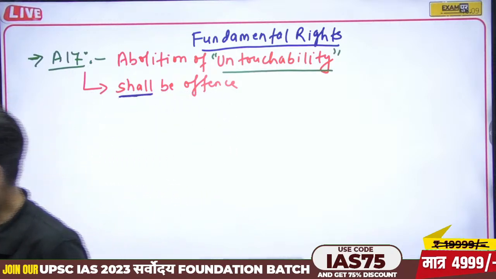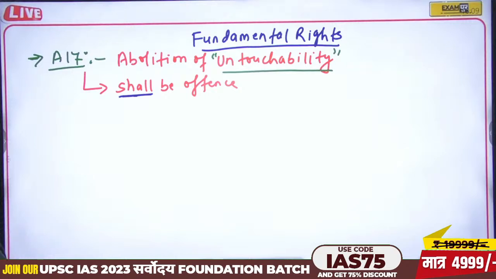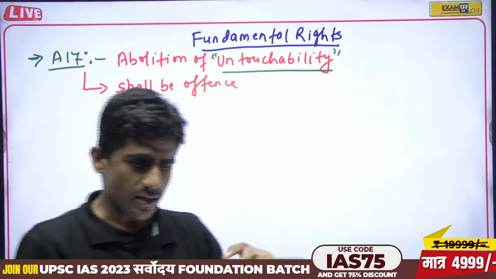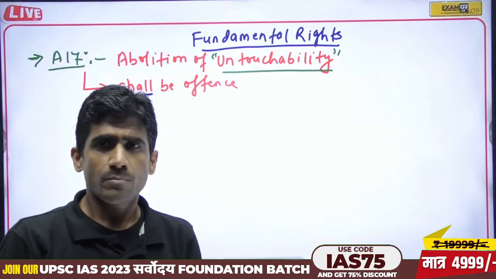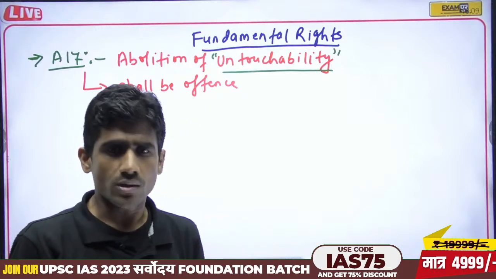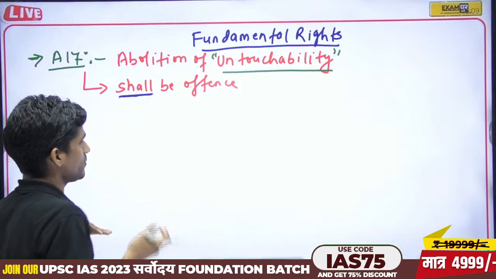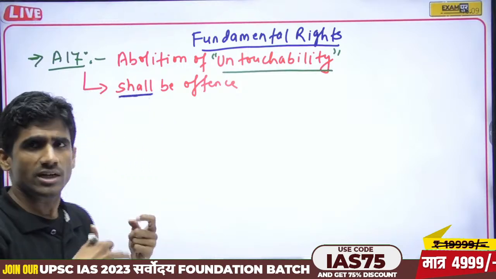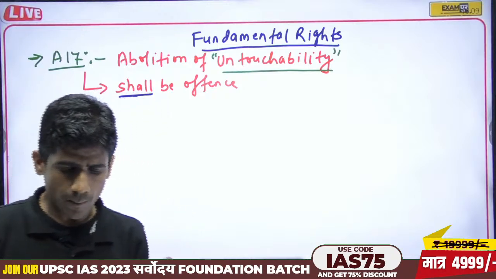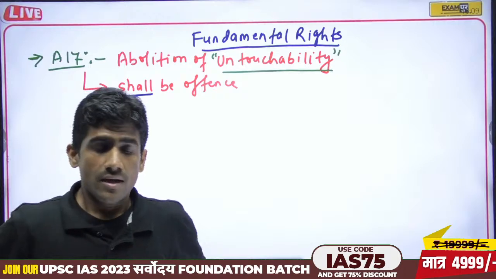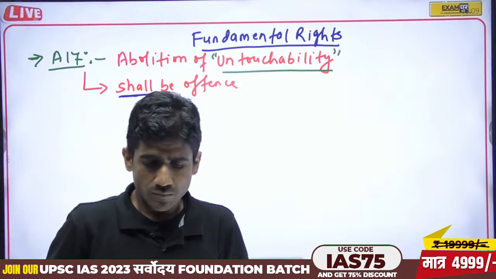After some judgment, we come to the conclusion that untouchability has a historical development and meaning. The Supreme Court judgment is very important. But before going to the word untouchability, I just want to tell you something.